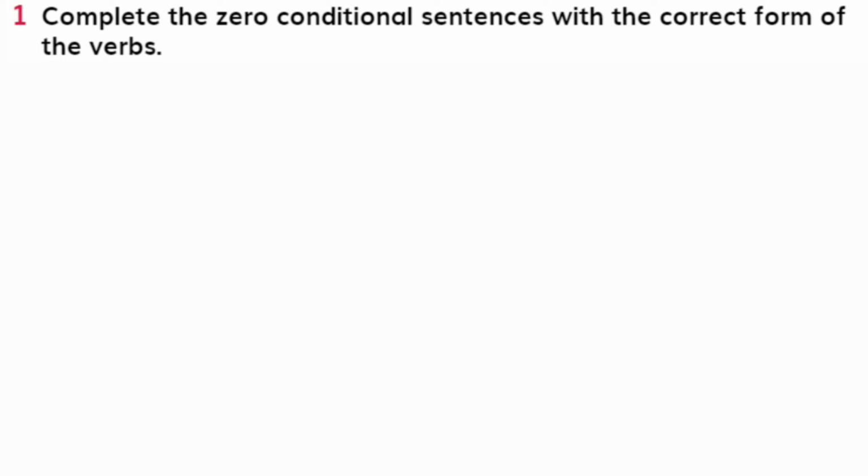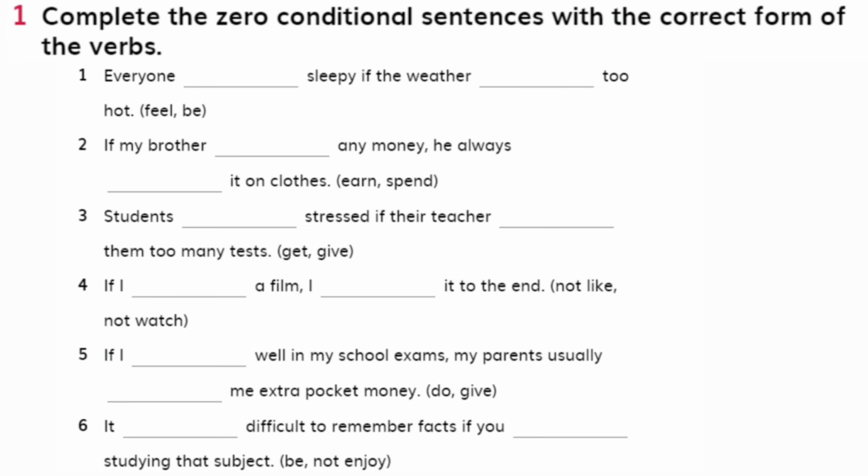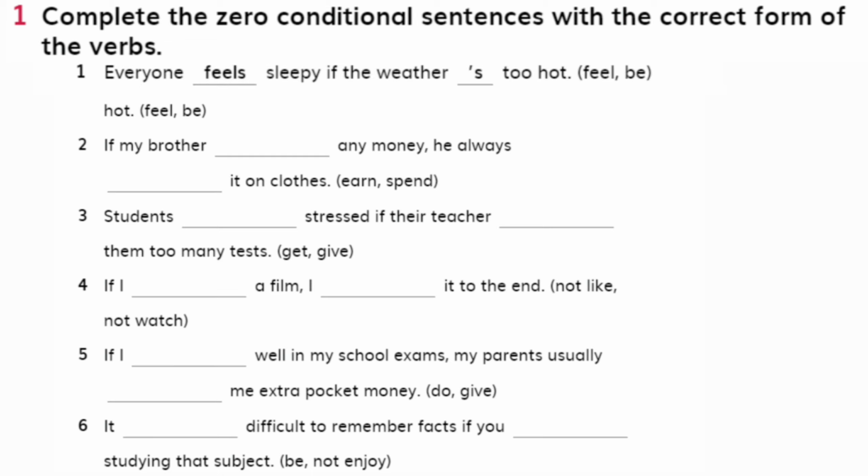Okay, so let's have a look at some zero conditional sentences then. Exercise 1. Complete the zero conditional sentences with the correct form of the verbs. Number 1. Everyone feels sleepy if the weather is too hot.